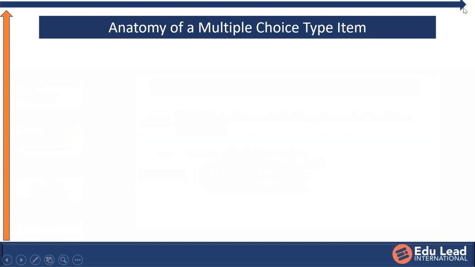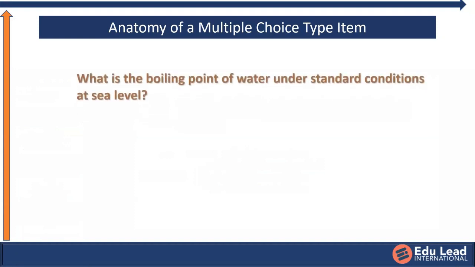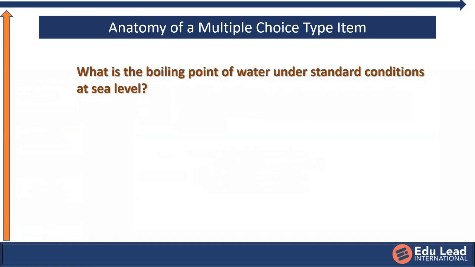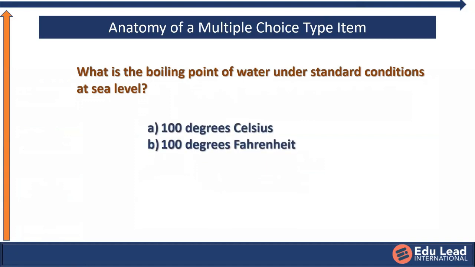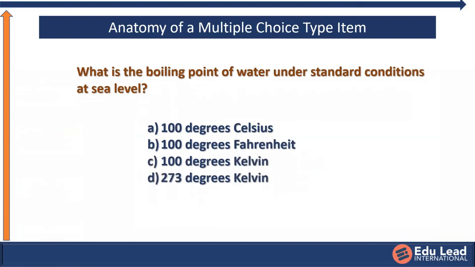So first, let's understand the anatomy of a multiple choice type question. Let's see an example. What is the boiling point of water under standard conditions at sea level? And the options are 100 degrees Celsius, 100 degrees Fahrenheit, 100 degrees Kelvin, and 273 degrees Kelvin.